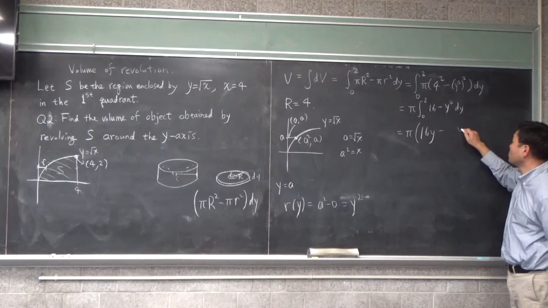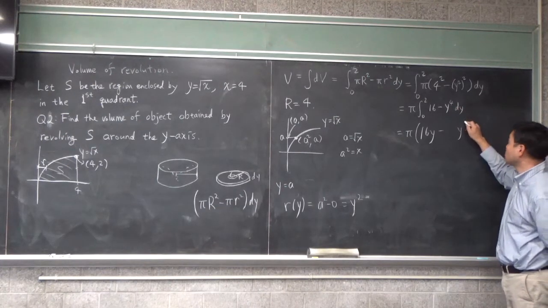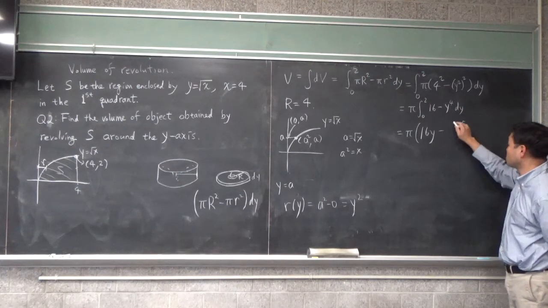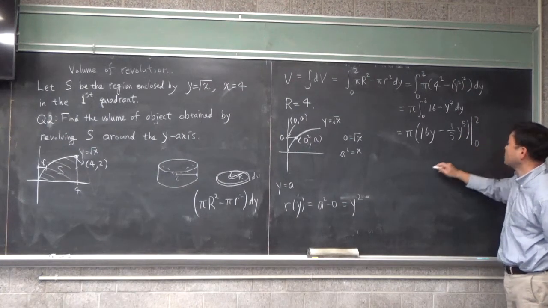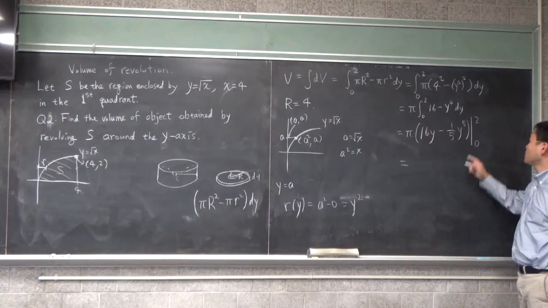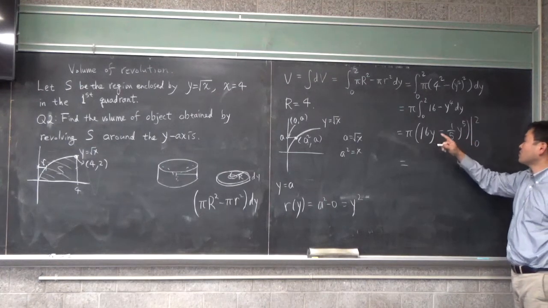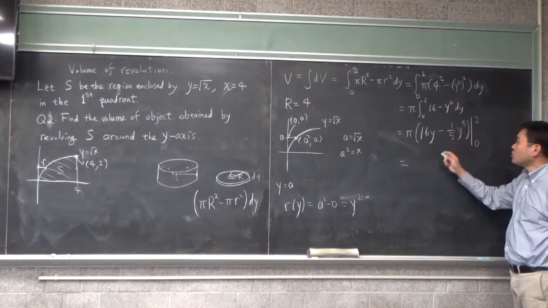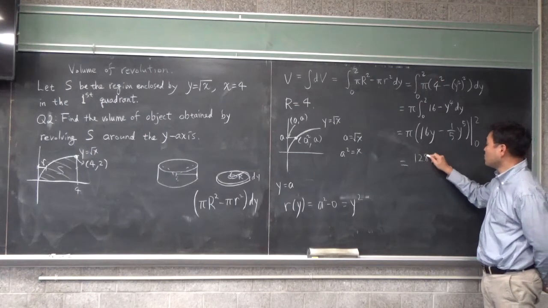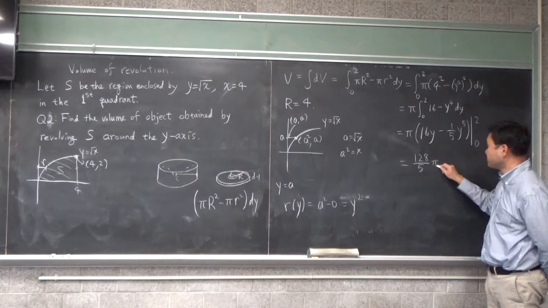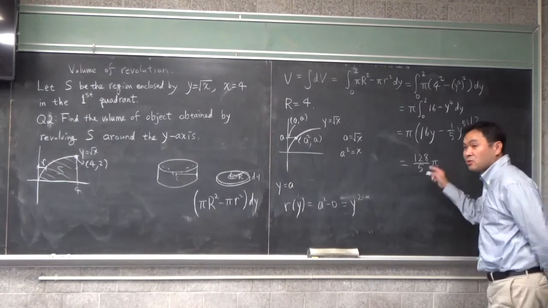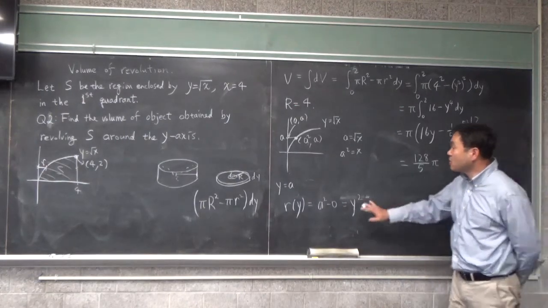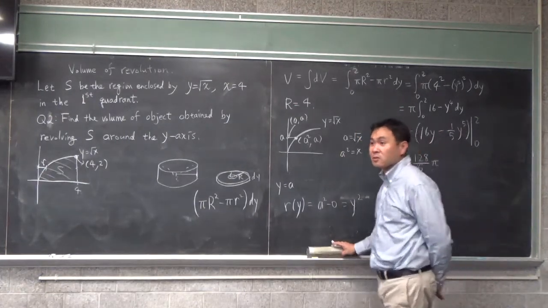Integrating y to the 4th, you add 1 to the exponent, which gives you 5, and put the reciprocal in front, 1 over 5. Then you plug in 2 and 0, and that's 32. Eventually you're going to get 128 over 5 pi. That part is just straightforward algebra, so let me skip it, but the important part is being able to understand this. Is that good?